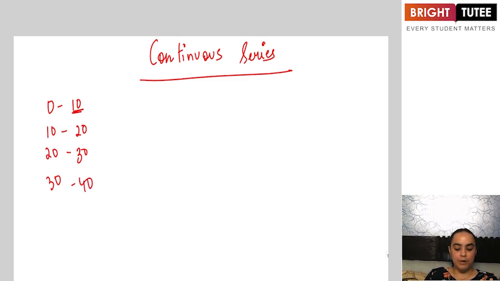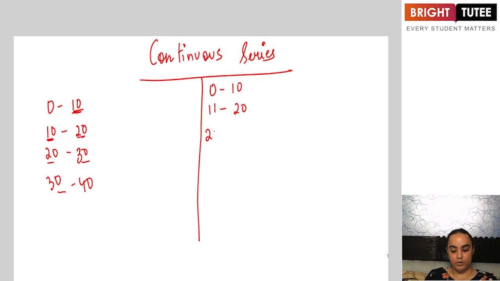You see, the upper limit and the lower limit of the two are same. There might be a few series in which this is not the same. For example, 0 to 10, 11 to 20, 21 to 30, 31 to 40, and so on and so forth.